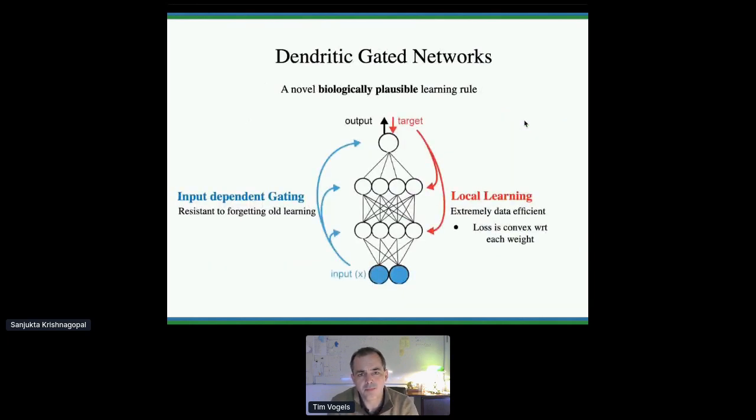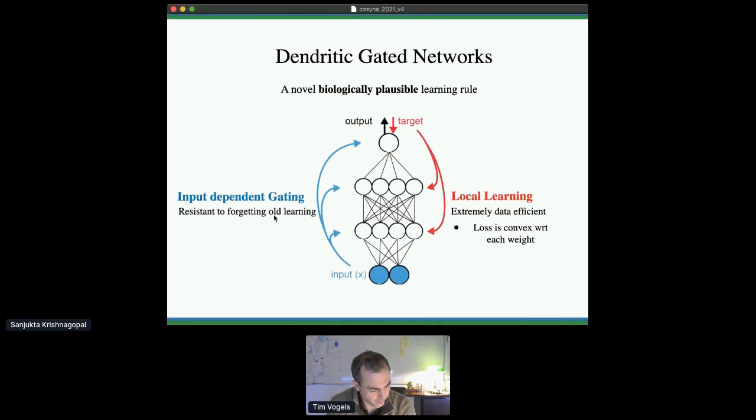So just bringing it all together, dendritic gated networks is a biologically plausible learning approach inspired by the ability of interneurons, this kind of inhibition in the brain. It's different from what people in machine learning or computational neuroscience are typically used to, where the input goes in and gates each of the branches. And this is what causes it to resist forgetting old learning.